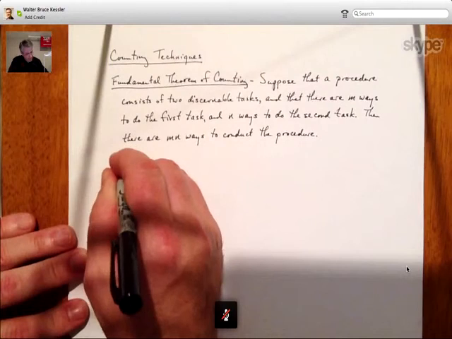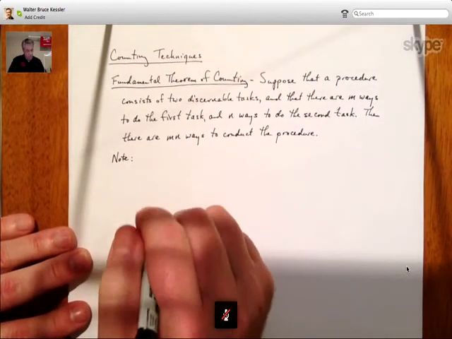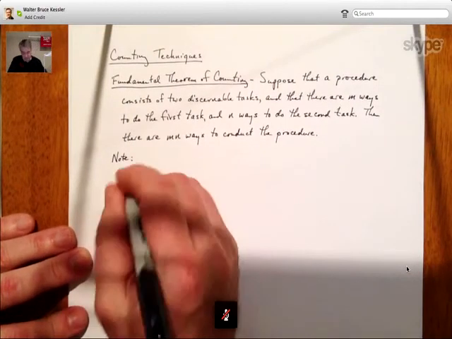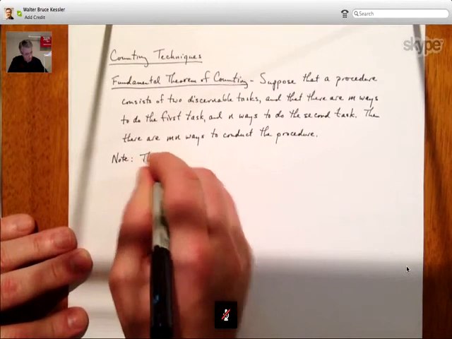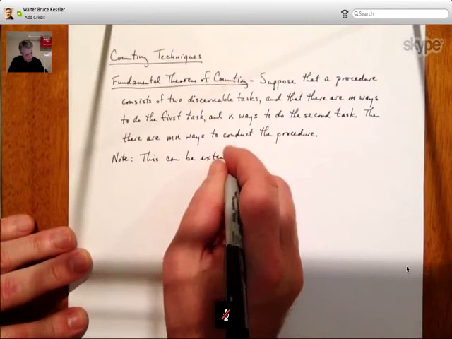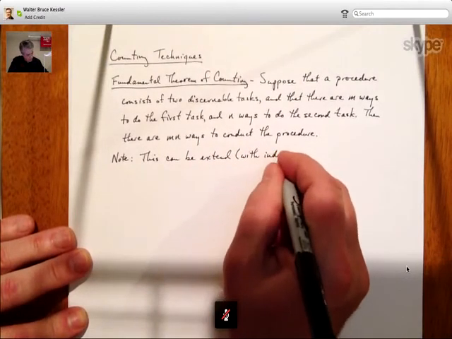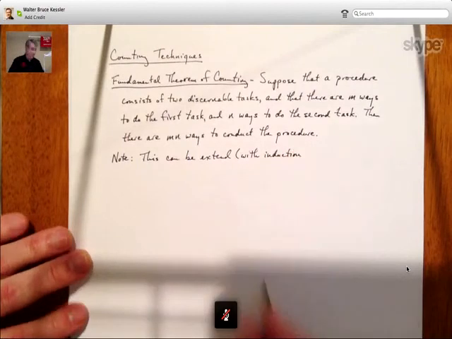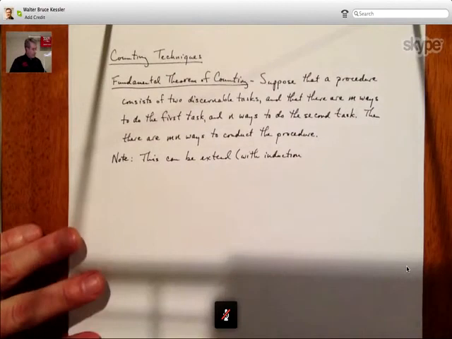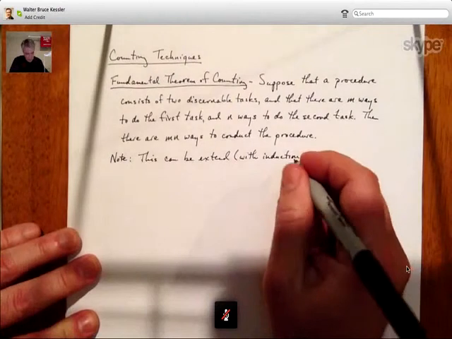I would say to you that this can be extended to more than just a procedure with two tasks. If we were being strict here, I would show you the induction proof of it, but I think you can kind of see where we're going.